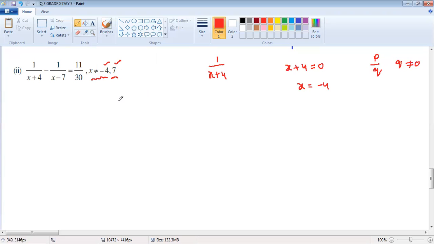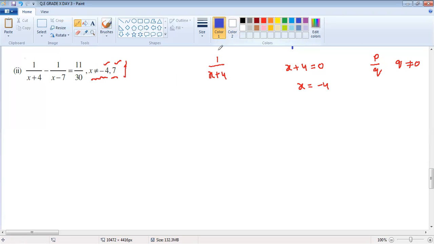One more thing you have to remember: when you solve this, you will get some answer. Suppose minus 4 and 7 both are in that answer. You have to neglect minus 4 and 7, and only the balance is the answer. Otherwise, if you include them, your answer is wrong. So compulsorily, you have to include this.